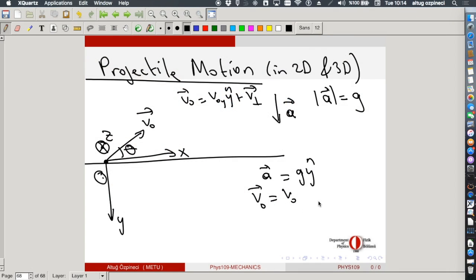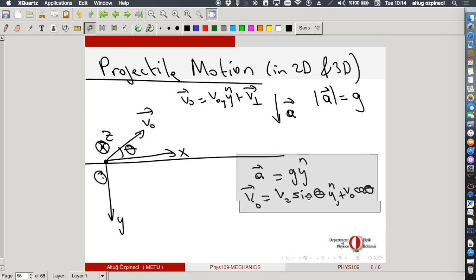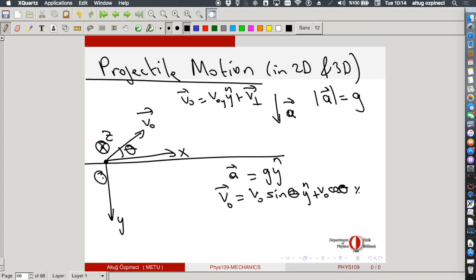V0 sine theta, y hat, and in the x hat direction. Okay, do you agree? Now, y is minus. Why is it minus this time? Just imagine this is the extension of my y-axis.